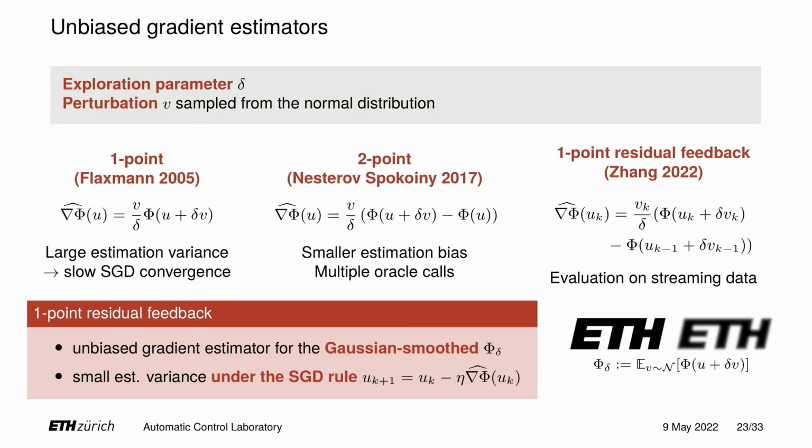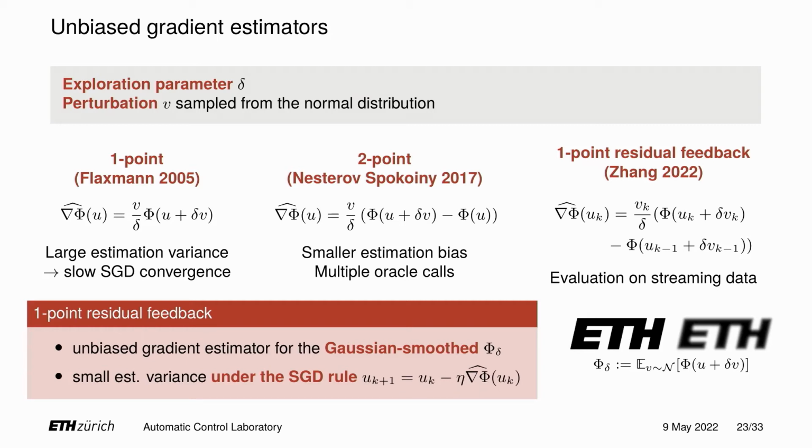In general, this is not unbiased, but once it's connected to the way in which you update your inputs, which is a gradient descent rule, then this is actually an unbiased gradient estimator, and it has the small variance of the two-point estimator. Okay? So you can then feed this estimate of the gradient to a stochastic gradient descent rule.